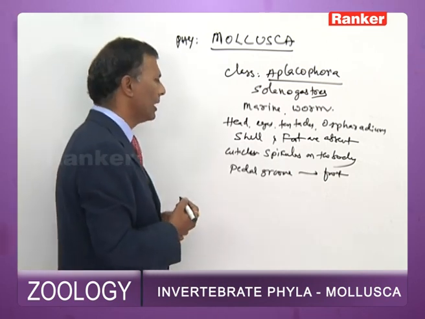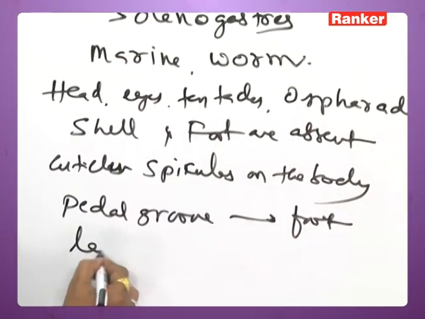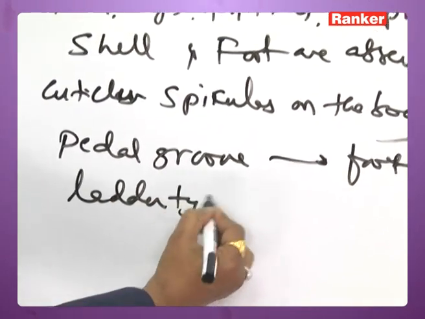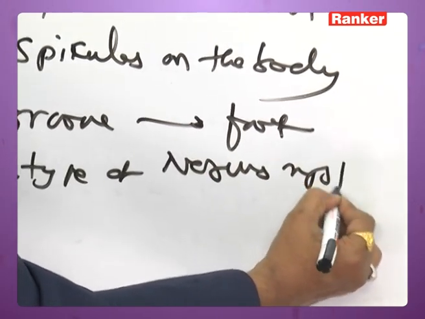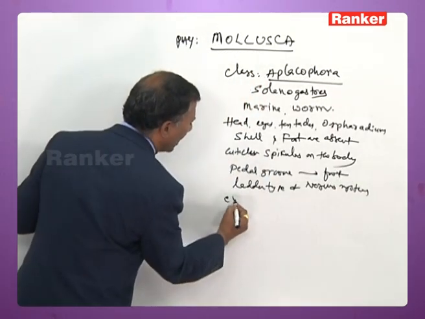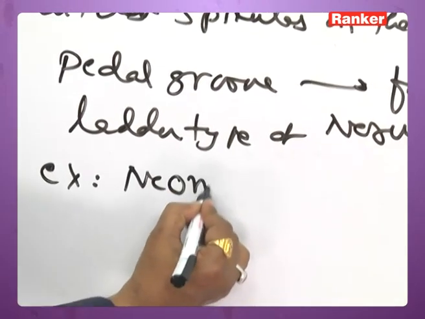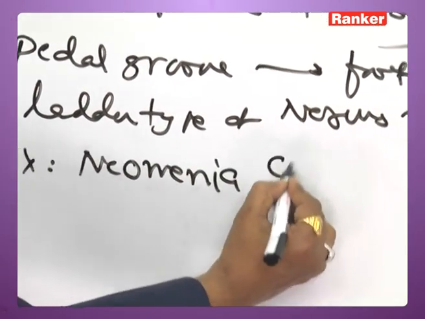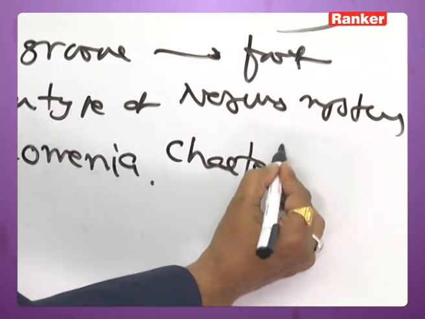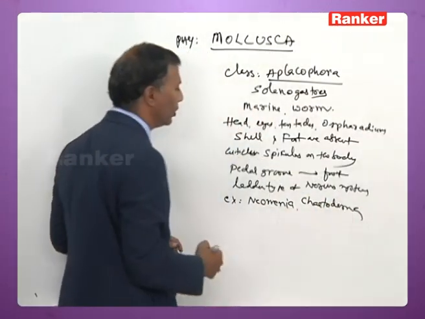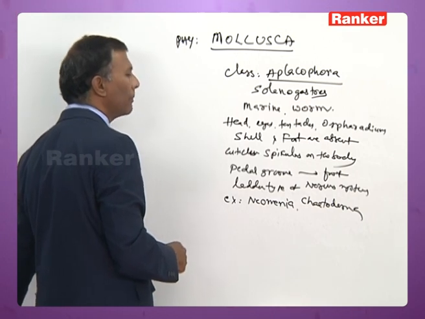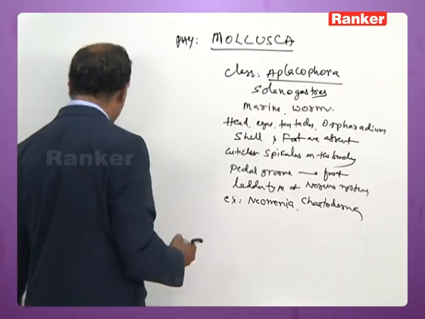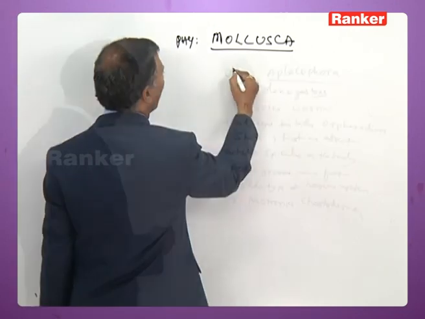They have a ladder type of nervous system. Examples are Neomenia and Chaetoderma, which are examples for Aplacophora, also called solenogasters.